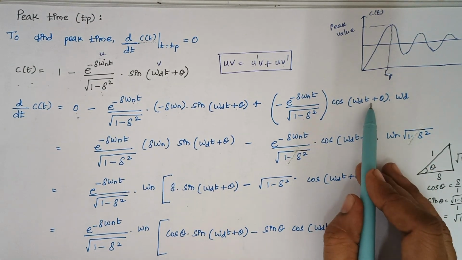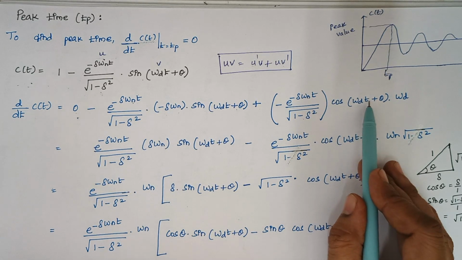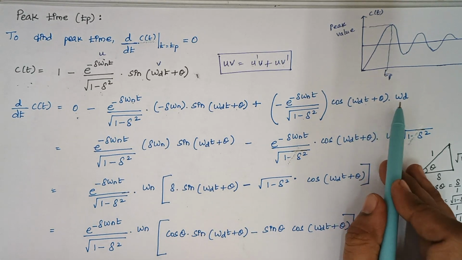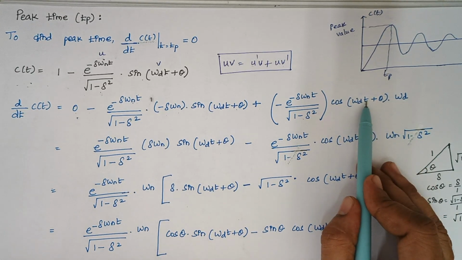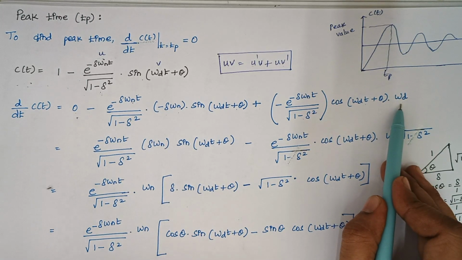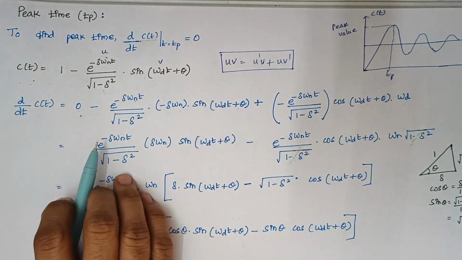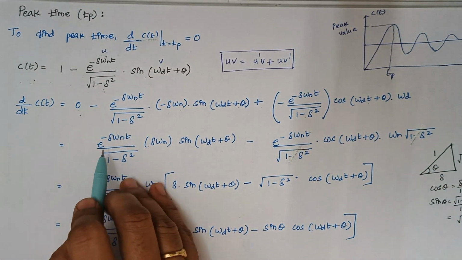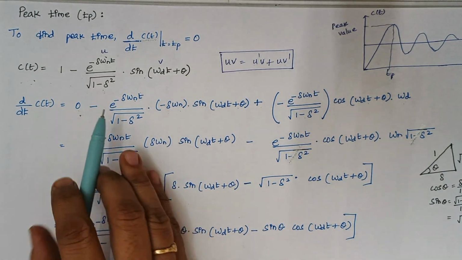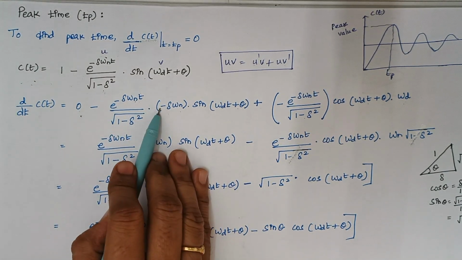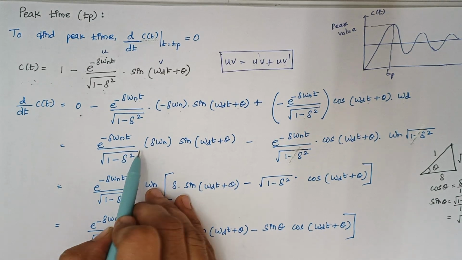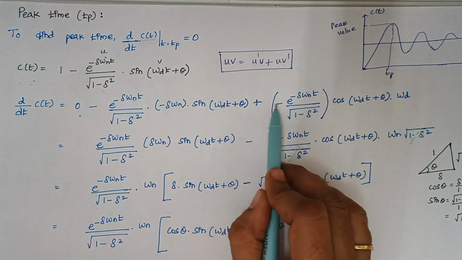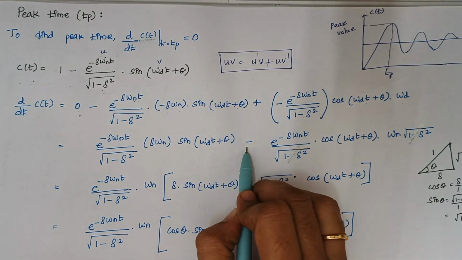And when you differentiate omega d into t, the expression becomes omega d, as the value of t reduces to 1. And e power minus zeta omega n t, you see minus into minus becomes plus here, and here plus into minus becomes minus.